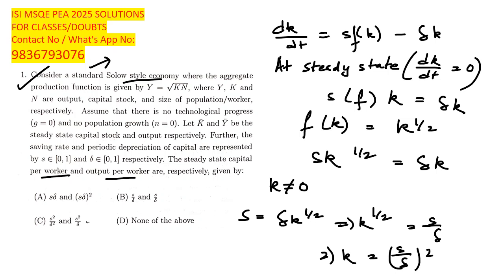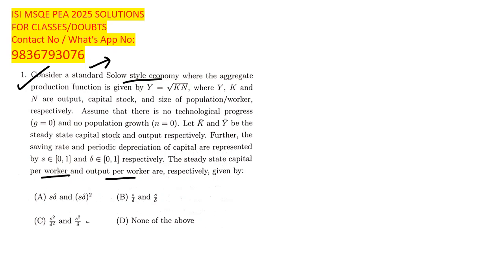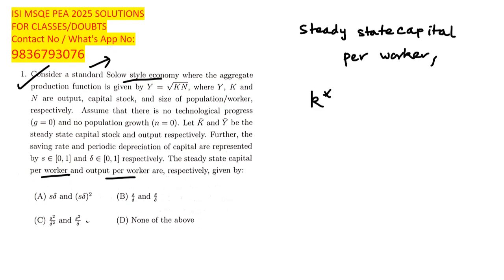Then my steady state capital per worker, represented by k star, will be k* = (s/δ)^2.